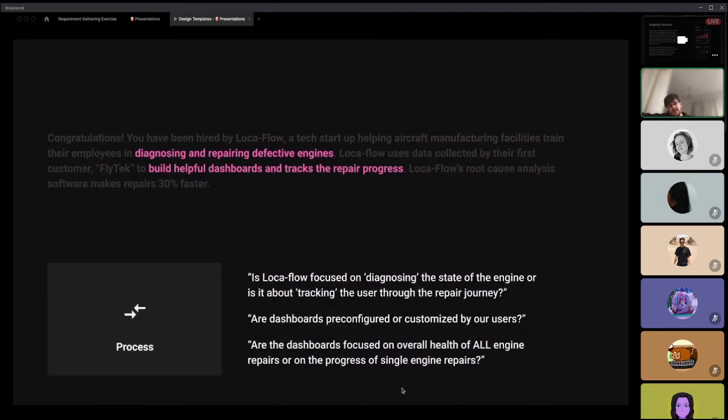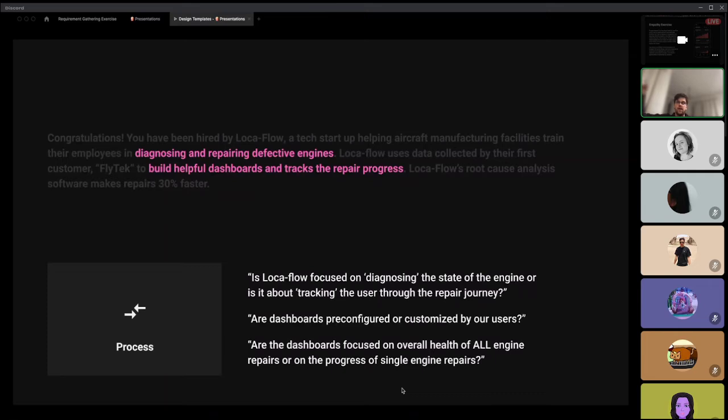For process, I highlighted two parts: diagnosing and repairing the defective engines, and then building helpful dashboards that track the repair progress. So it sounds like there's two things going on here, right?